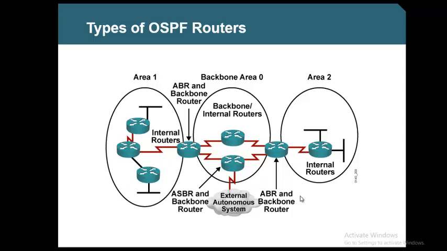This is the redistribution point. We call this router the ASBR, Autonomous System Border Router. These terms are necessary for us to understand the coming LSA types. ASBR, Autonomous System Border Router, is the place where we do redistribution from an external source into OSPF.